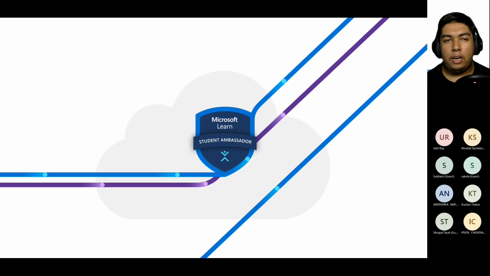Okay, Shugal Tayal has raised their hand. Yes, Shugal, I have allowed you the mic and the camera. You can speak. I think you can unmute yourself, or put down your questions if you have any.